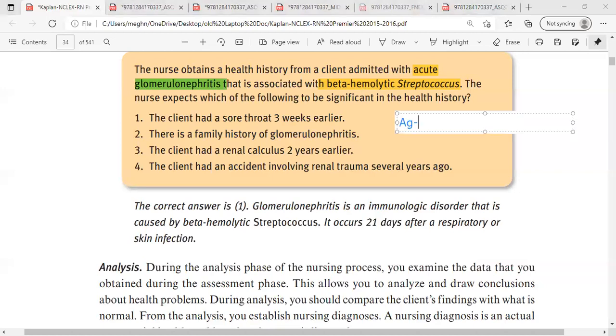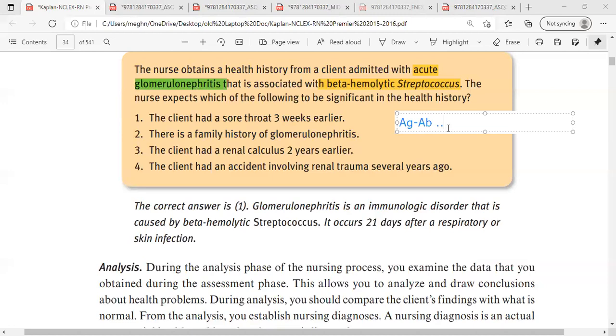This antigen antibody reaction causes antigen antibody complex, and this occurs in glomerulonephritis.